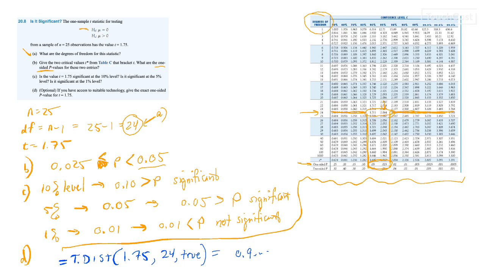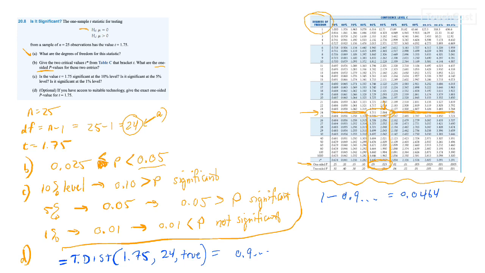If we subtract that number from 1, we get something around 0.0464, I think.